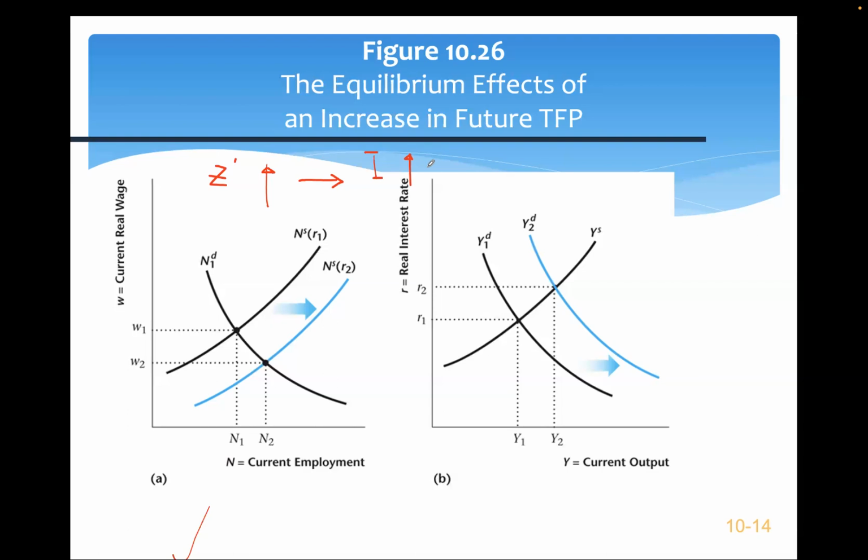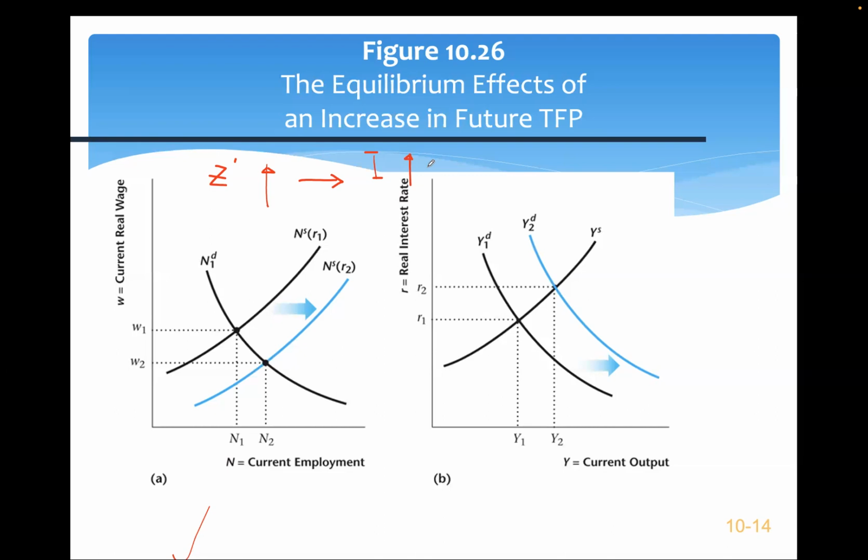If they believe the future of our economy is very optimistic or very bright, then they want to invest so they can benefit from future higher return. So if they believe the future Z is going to rise, they are going to invest more, right?